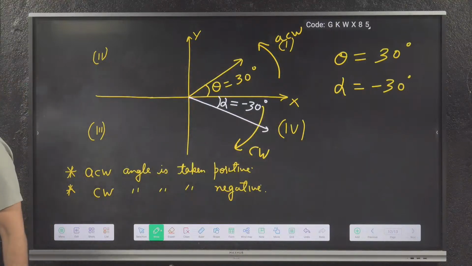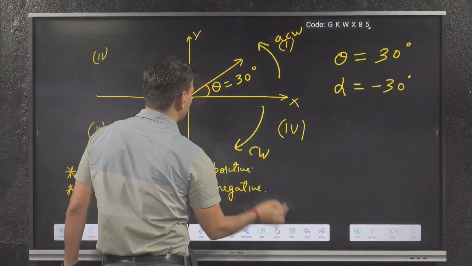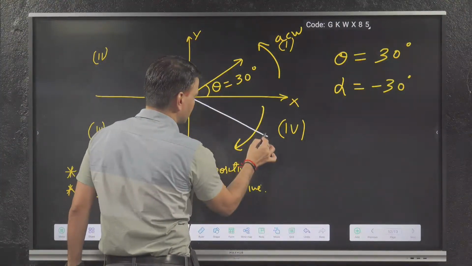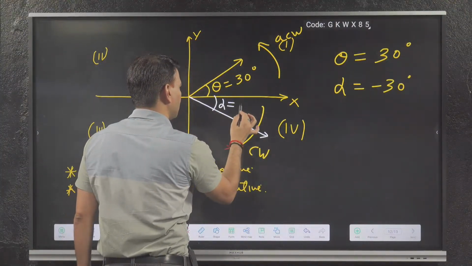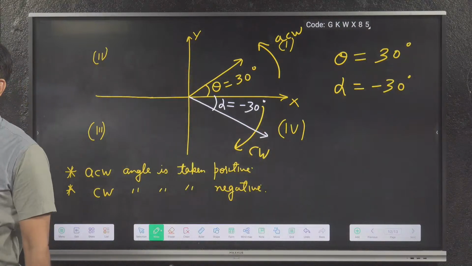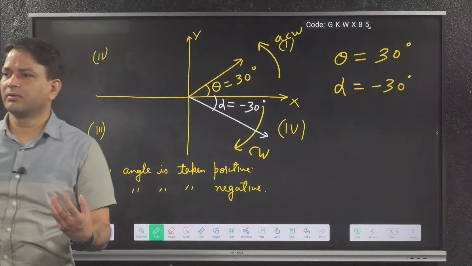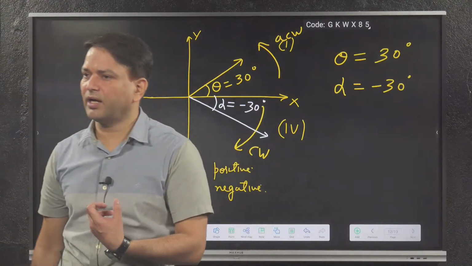Everybody understood? When the angle is negative we measure clockwise from the reference line, and when the angle is positive we measure anti-clockwise.